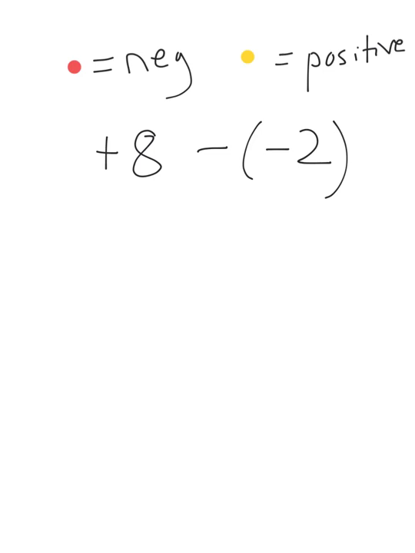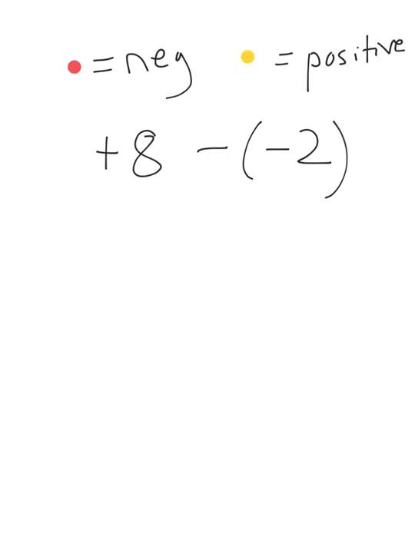So we have positive 8 chips. 1, 2, 3, 4, 5, 6, 7, 8. And we want to take away negative 2. The problem is there aren't any negative chips over here for us to take away. So this is where that zero pair thing comes in.